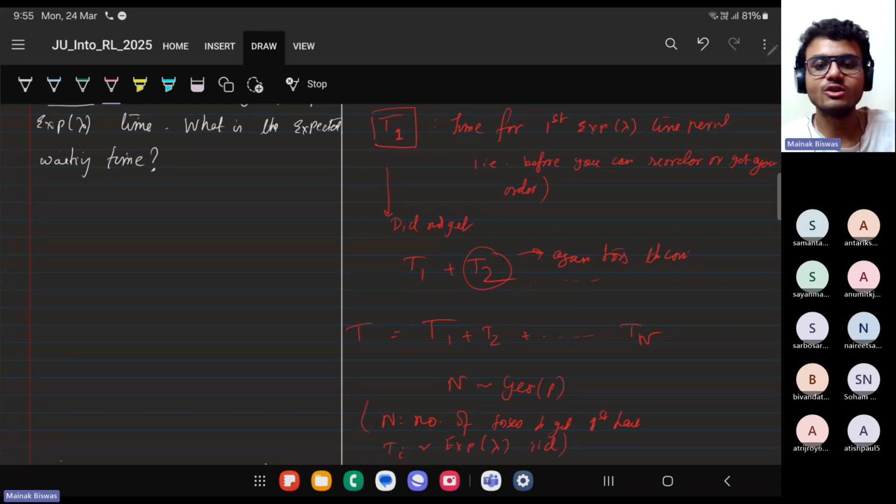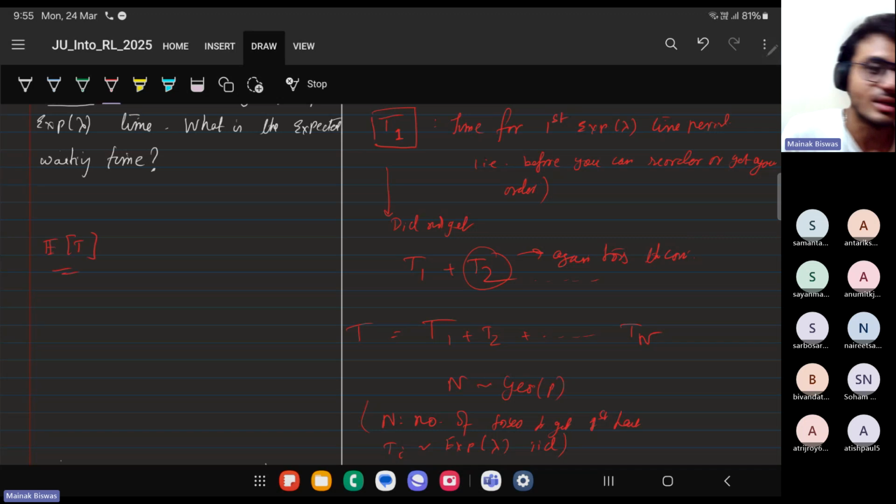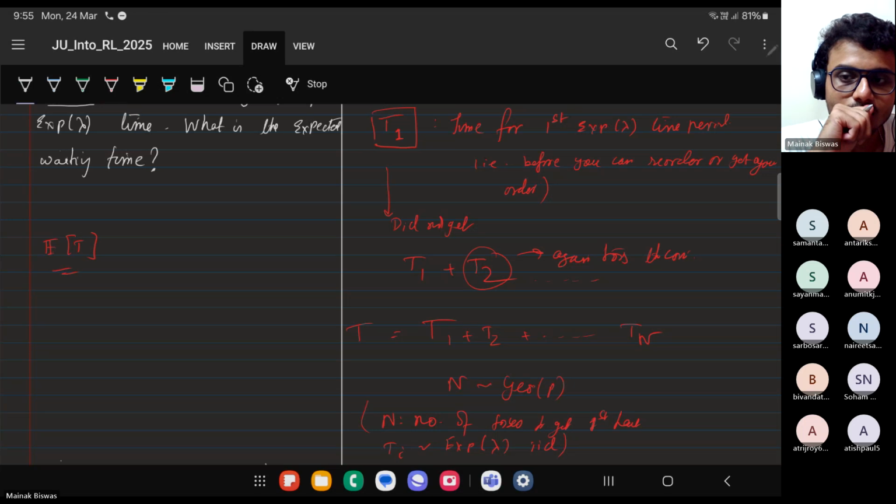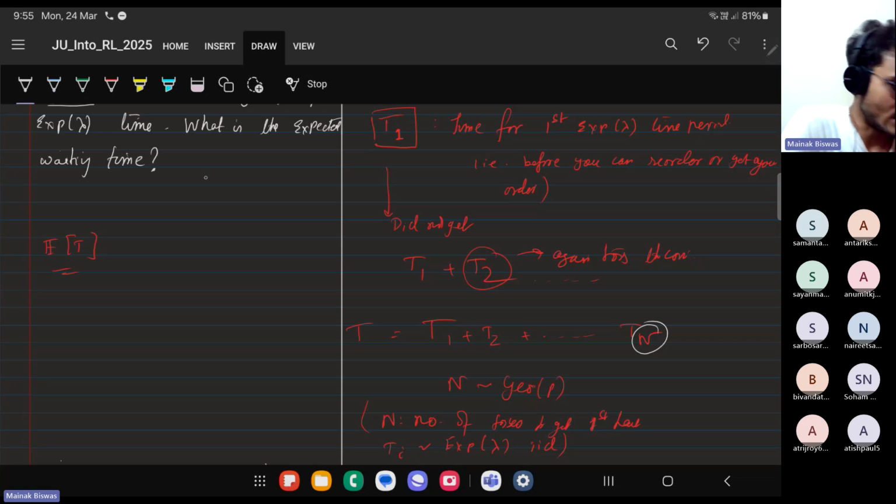So now, if I just gave you this and told you to find the expected value of T, could you find it directly? You can't find it directly, right? Why? Because this n is not known. So say the first toss was a fail, the second toss was a failure, dot dot dot, the nth toss was a success.